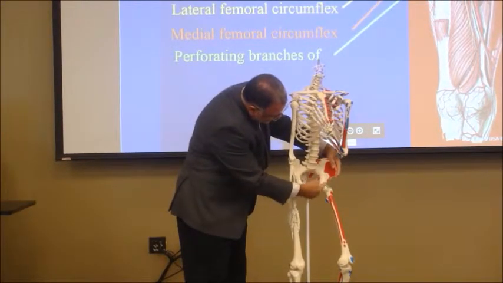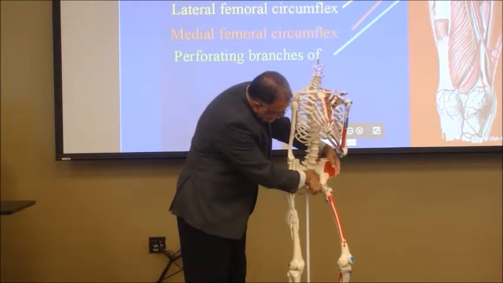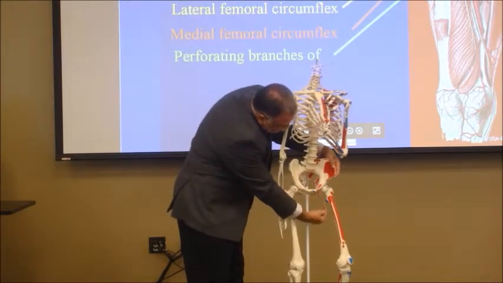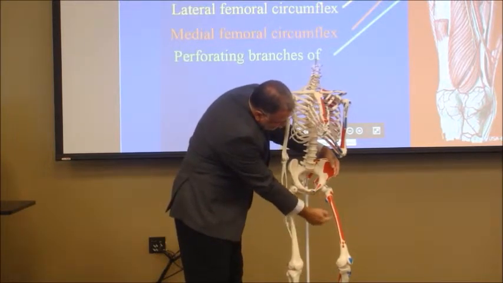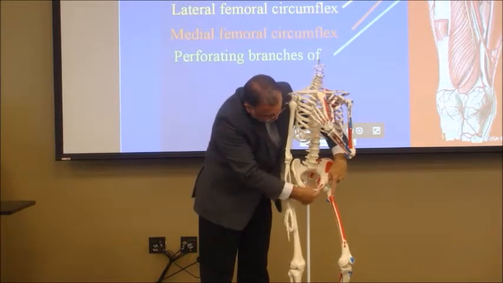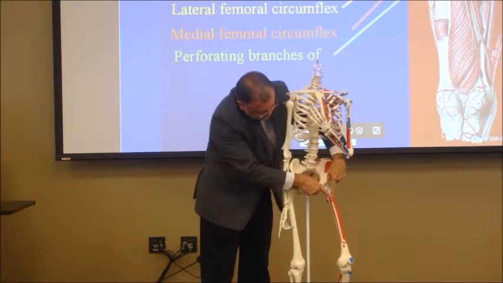The inguinal ligament is going to be the other one, and the adductor longus that starts about here, and the pubis coming down distally. So this triangle is going to hold that neurovascular bundle of the femoral artery, vein, and nerve.